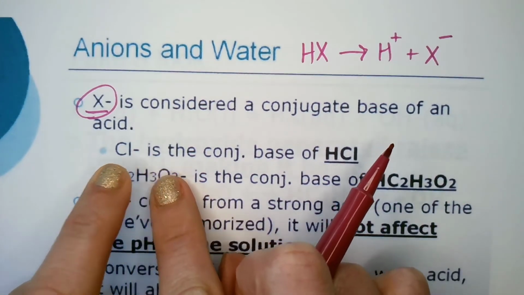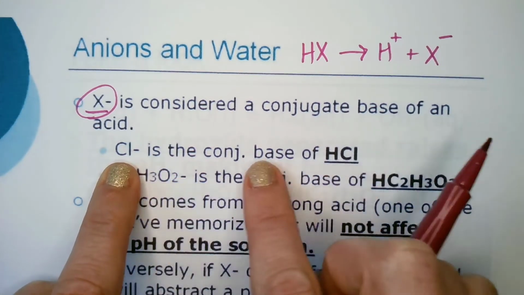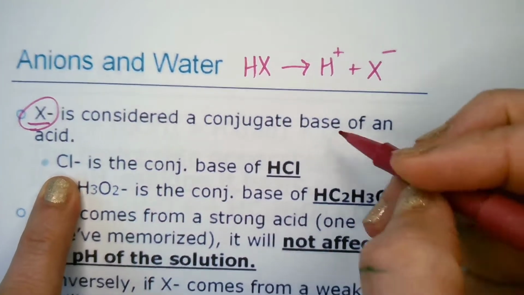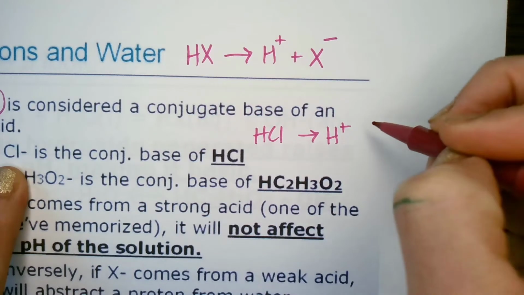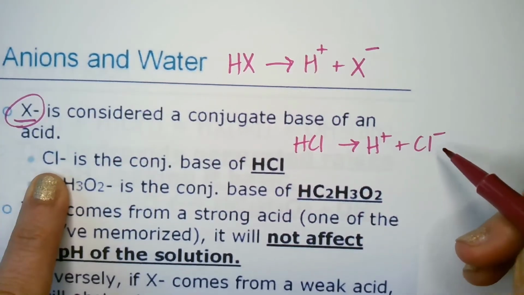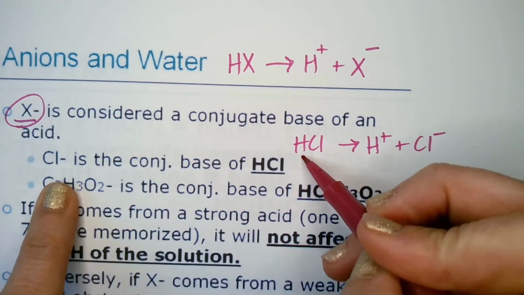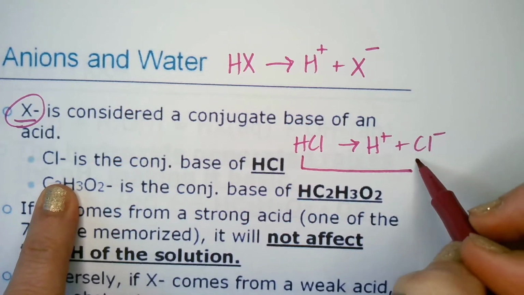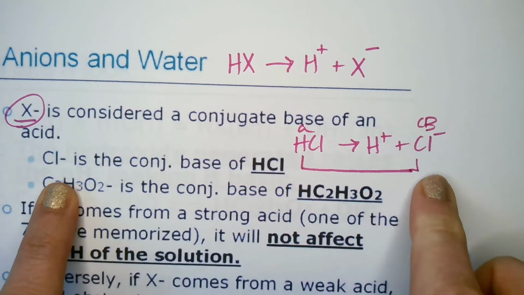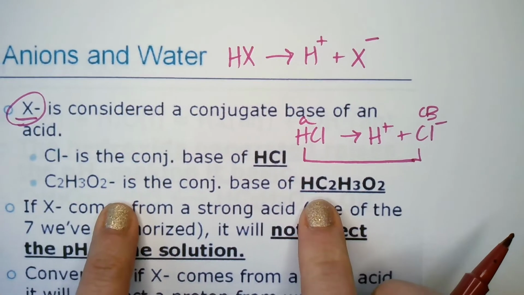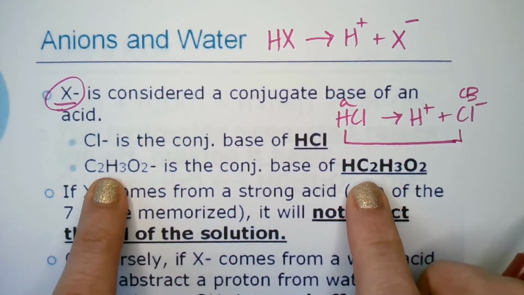This X negative is the conjugate base of an acid. For example, chloride, Cl minus, is the conjugate base of HCl, right? If we have HCl, we'll split into H plus and Cl minus. So these are conjugate pairs, HCl and Cl minus. This is my acid. This is the conjugate base.